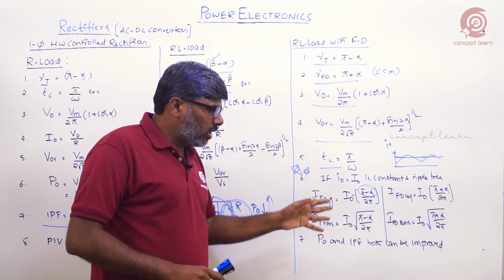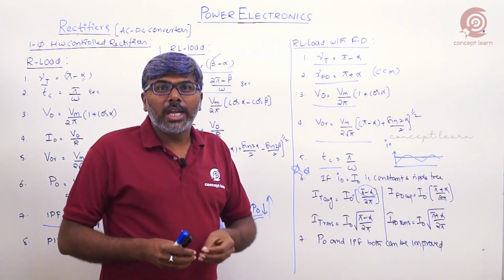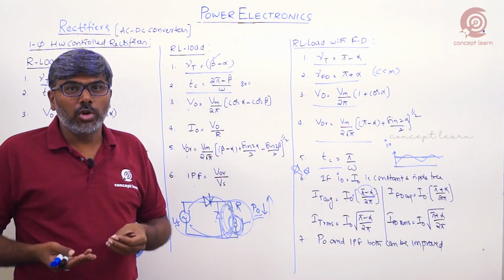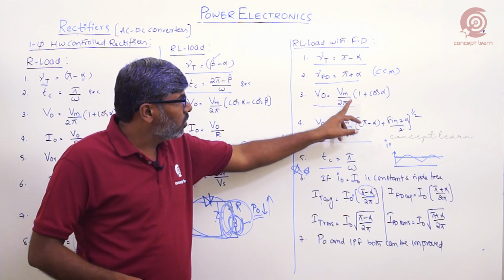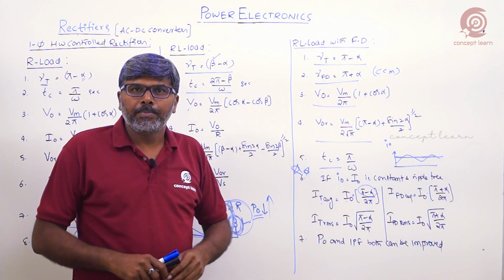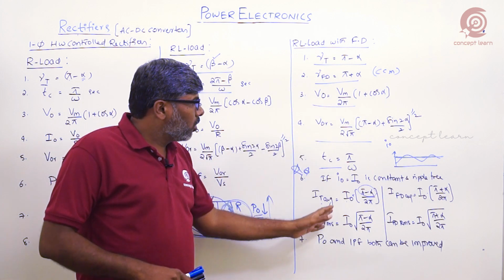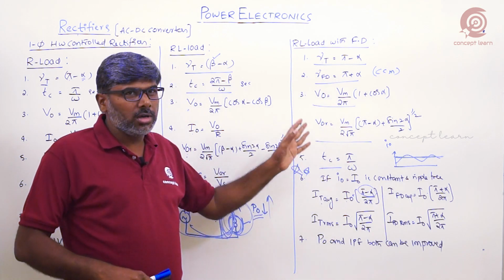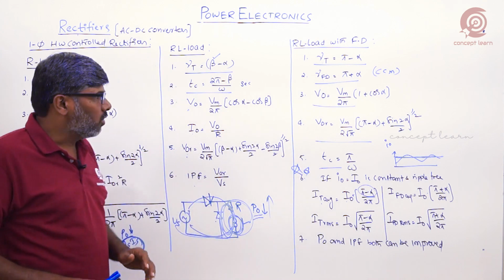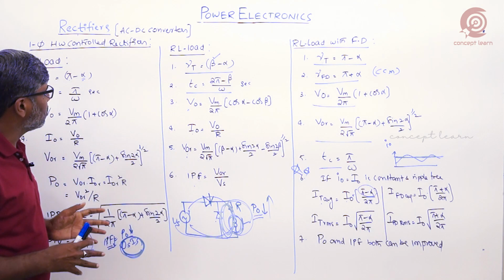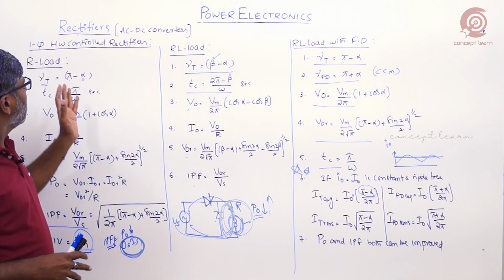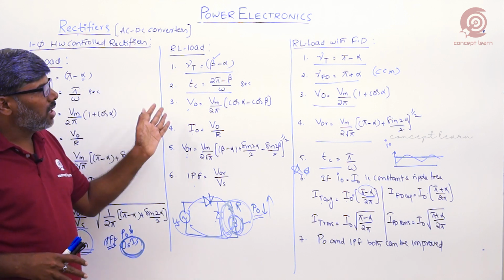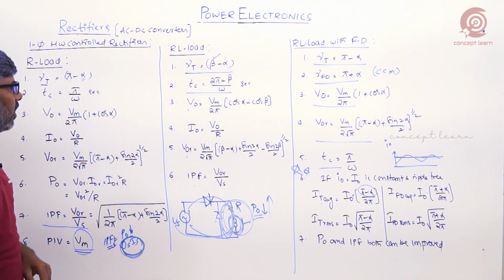That is why the freewheeling diode eliminates negative values in the output voltage, and we get V naught equals Vm by 2 pi times 1 plus cos alpha. There is no beta. This is very important in competitive examinations, RL load with freewheeling diode. So this is the complete analysis of half wave rectifiers with RL and RL with freewheeling diode.